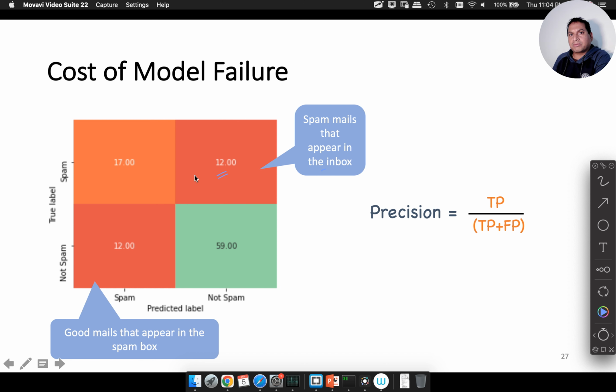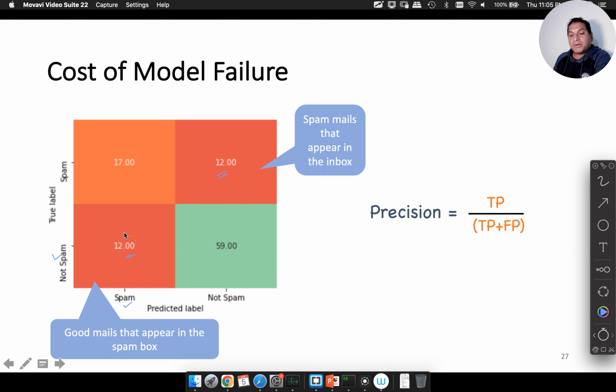This is of course a cause of concern, but can be acceptable to a certain extent. What about false positives? A false positive is a mail which has been identified as a spam mail, but is actually not a spam mail, and hence a good mail appears in the spam box.